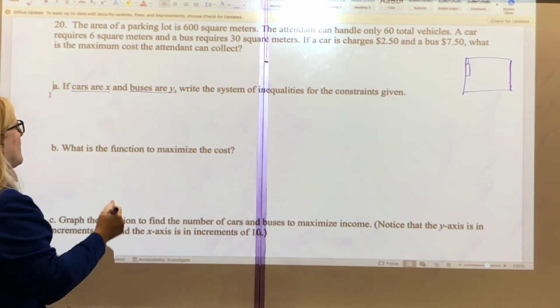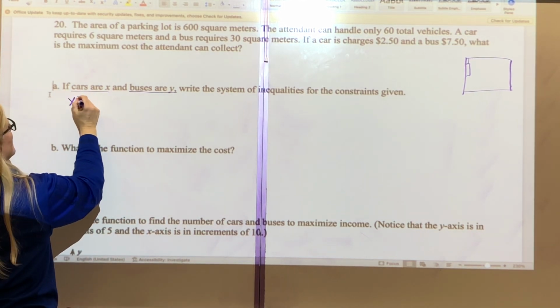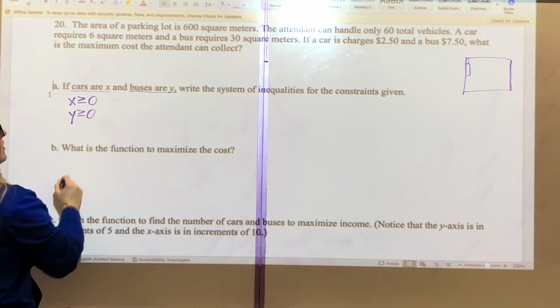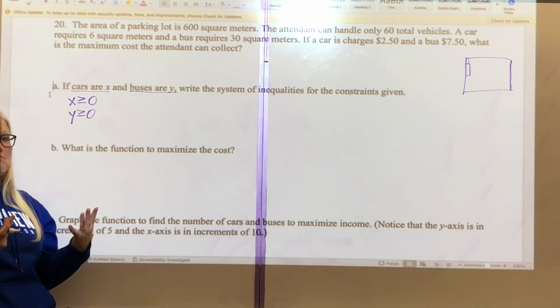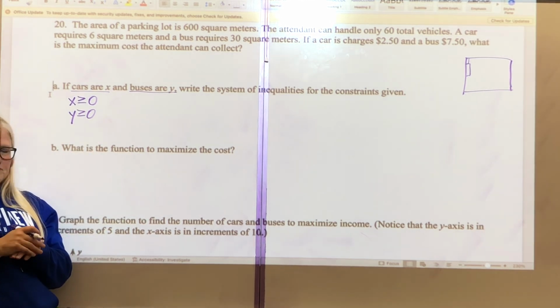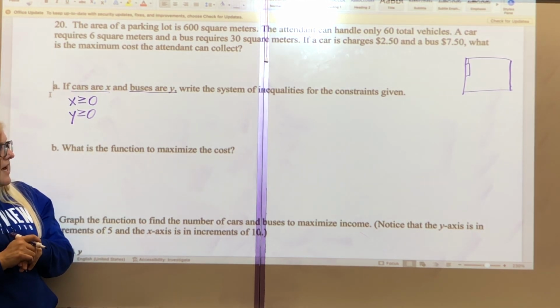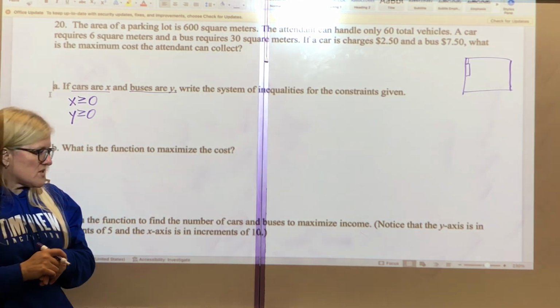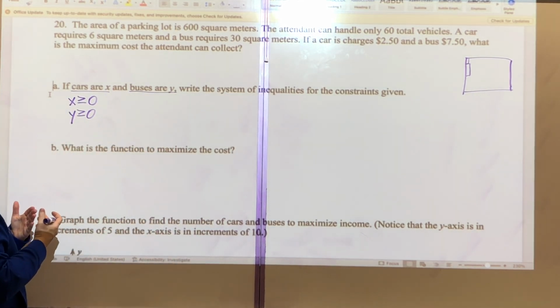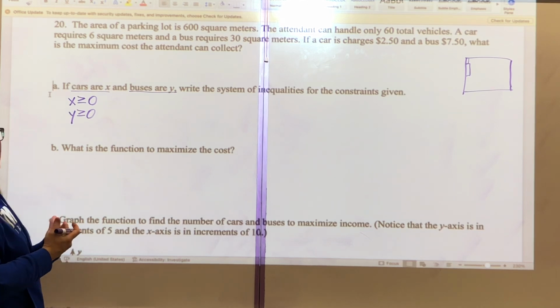Well, we can't have a negative number of cars. We can't have a negative number of buses. We could have 0 of them, but we can't have negative. Now it also says that it can't have more than a total of 60.